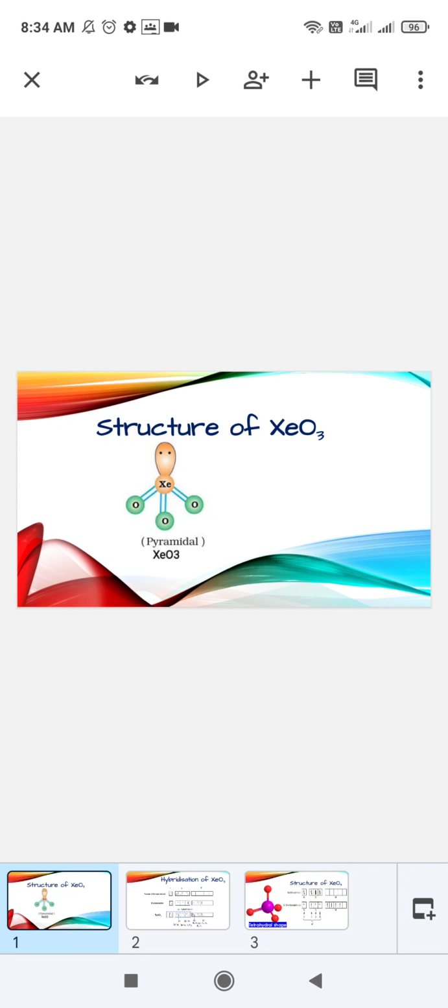So the shape of the molecule is pyramidal and the electron geometry is tetrahedral. Now we are moving into the next molecule, that is XeO4.